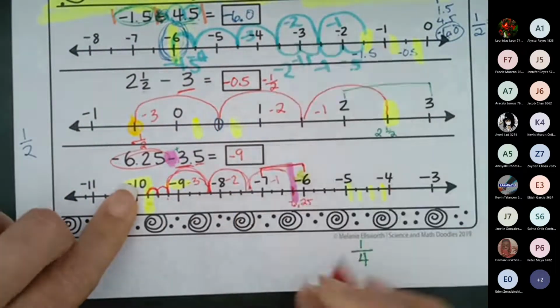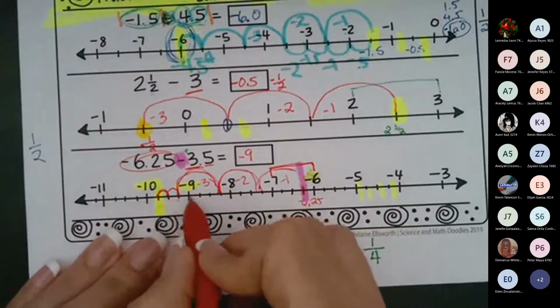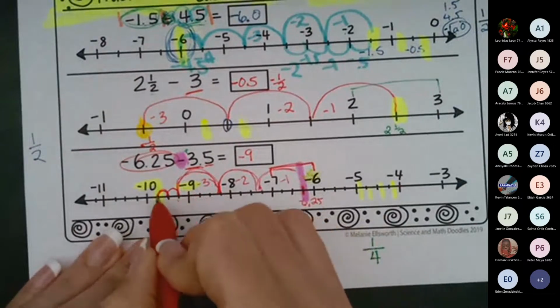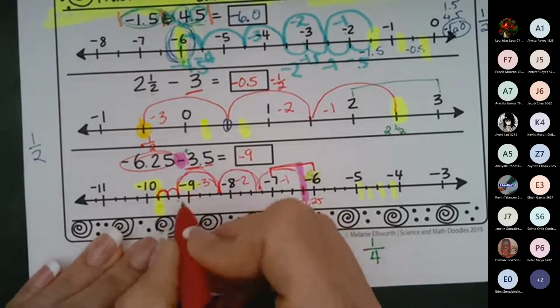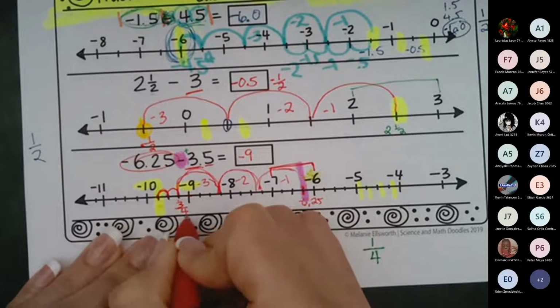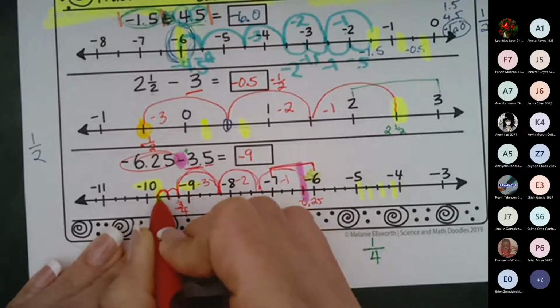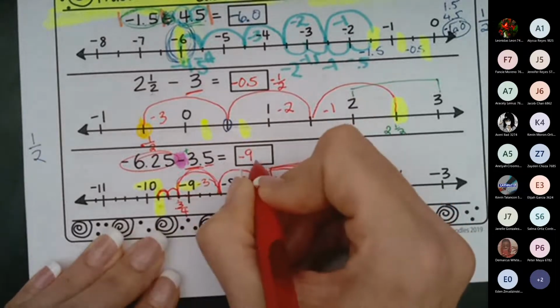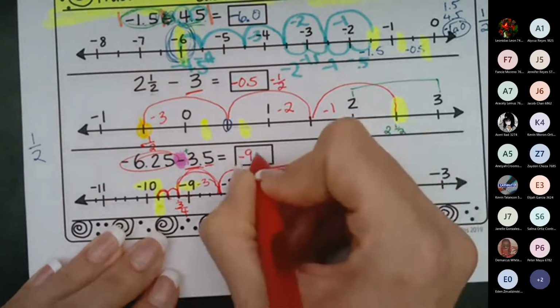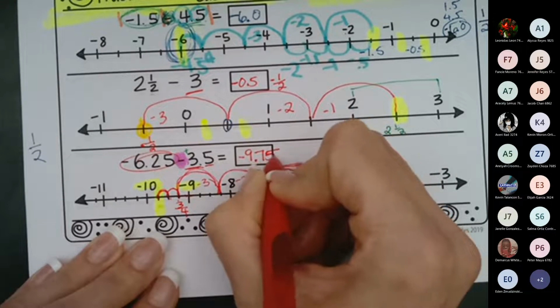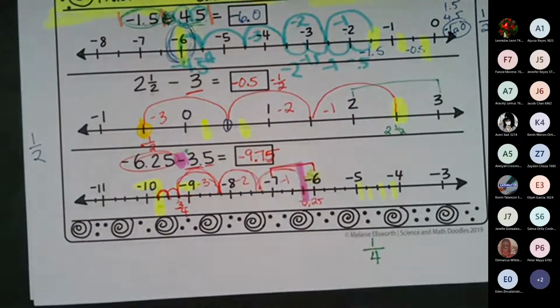I didn't go past -10. And then I went over 1, 2, 3 of those little lines. So that's going to be 3/4, right? Because it's 1/4, 2/4, 3/4. And 3/4 is equal to 75 cents, right? So I can put my 0.75 right there. I have -9.75.